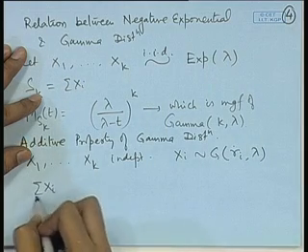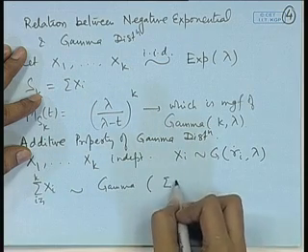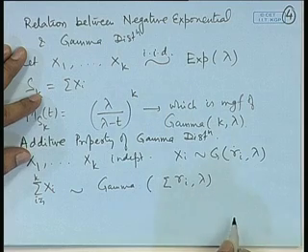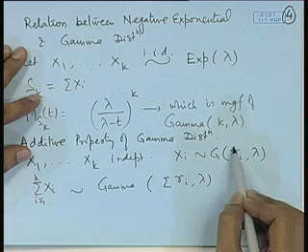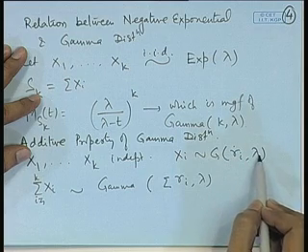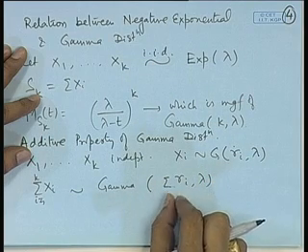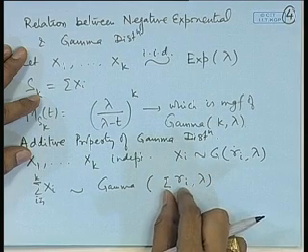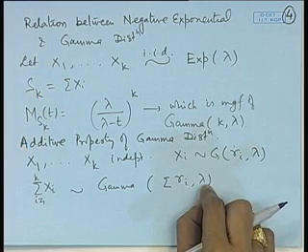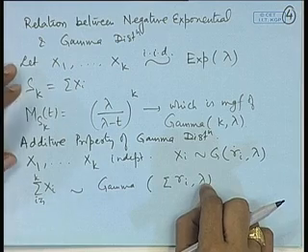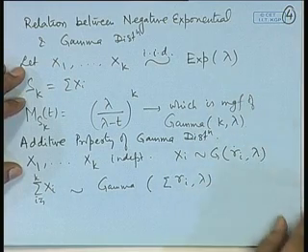Then sigma Xi, i equal to 1 to k, will follow gamma with parameters sigma ri and lambda, because here we can consider Xi as the waiting time for the rith occurrence in a Poisson process with rate lambda. So, when we add these timings, it is the total waiting time for sigma ri occurrences in a Poisson process with rate lambda. Therefore, this gamma distribution also satisfies an additive property, provided the Poisson process parameter remains the same.